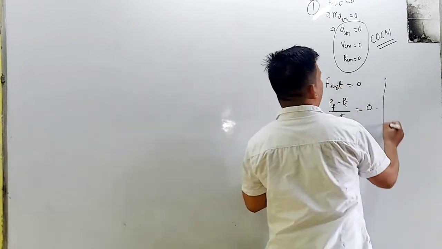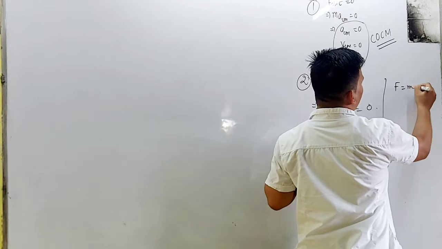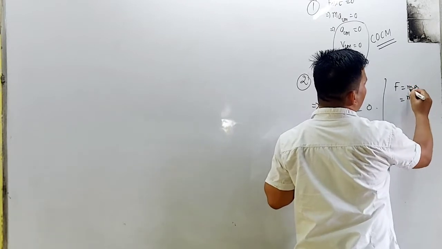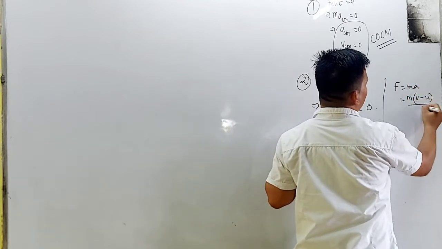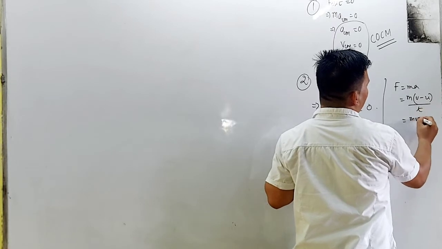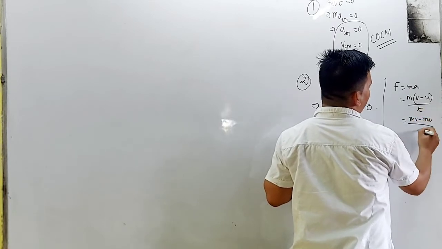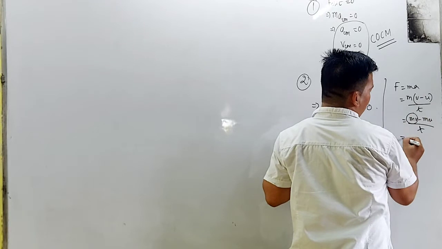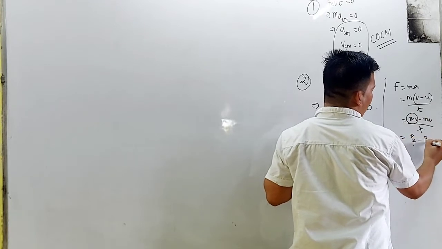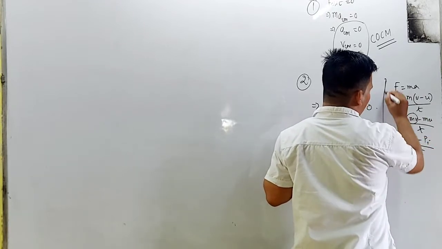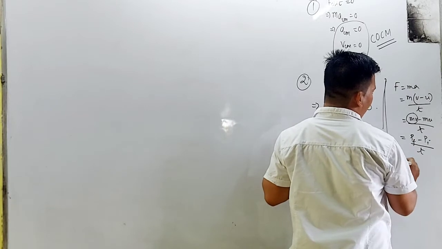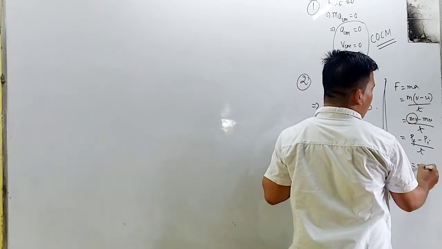F is equal to ma. From here, a is equal to v minus u divided by t, and we will be having mv minus mu divided by t. This is final momentum, this is initial momentum, and this is t. After simplification, we have F into t is equal to delta p.